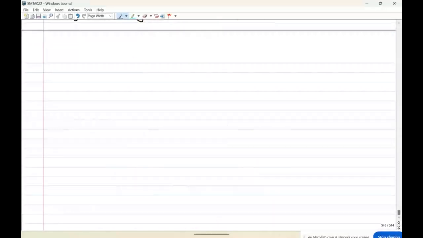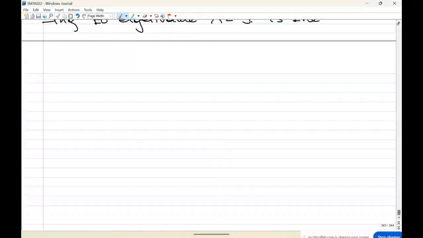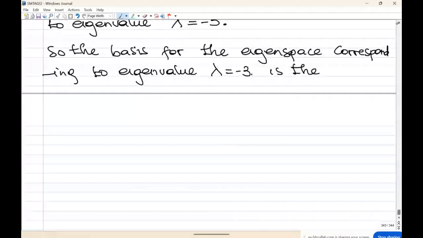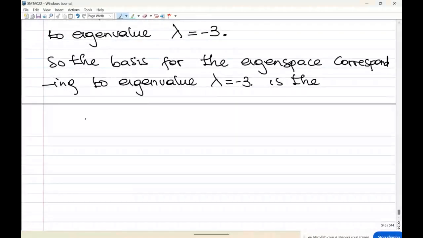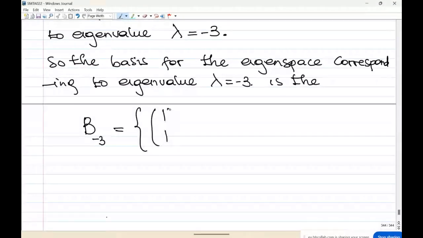Sorry colleagues, I'm trying to get it nice. Maybe we can say B, the basis, B minus 3, which is equals to this set of 1 and then 1 for the first one. Are you still there, colleagues?